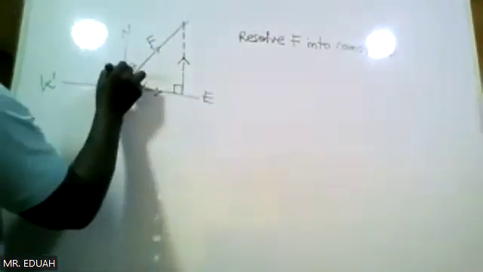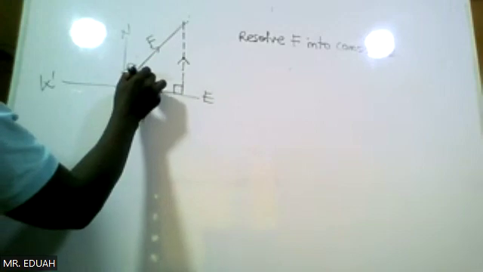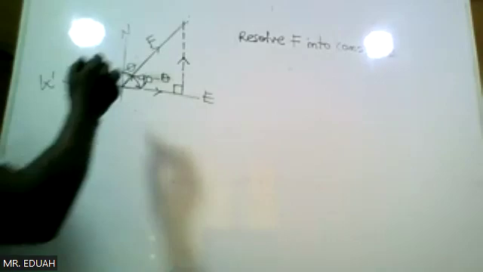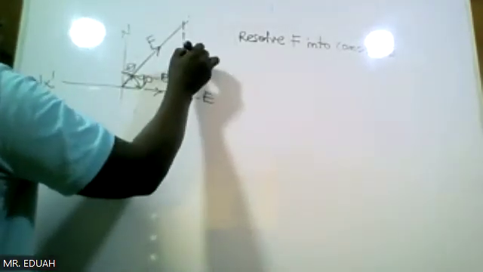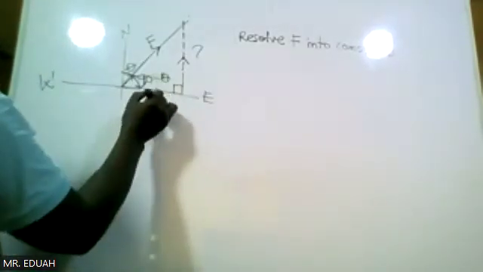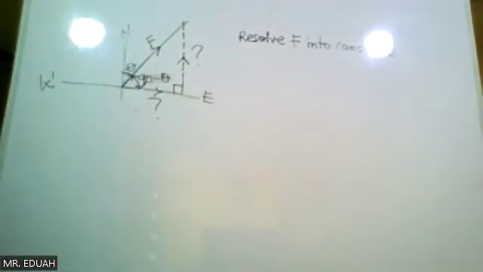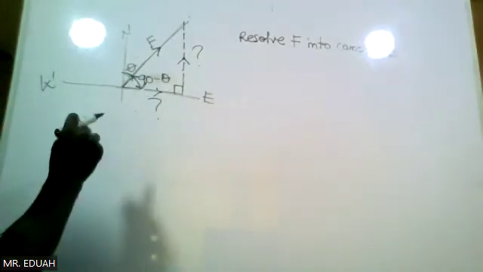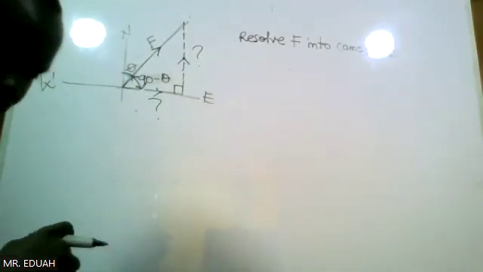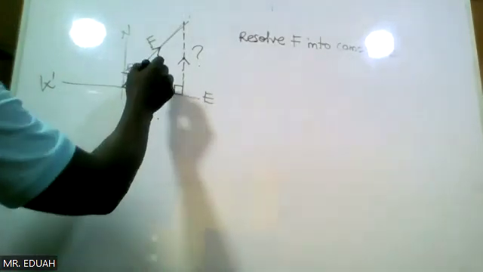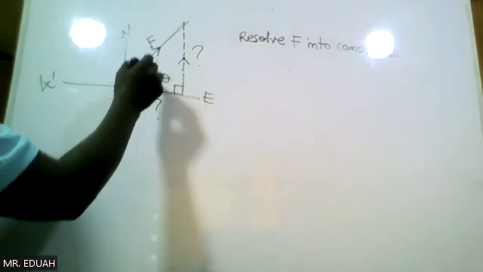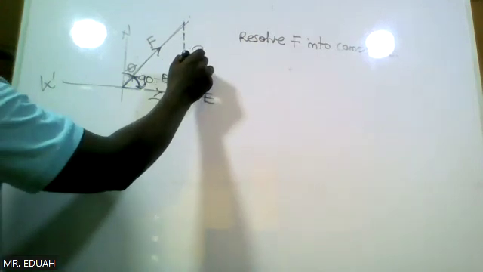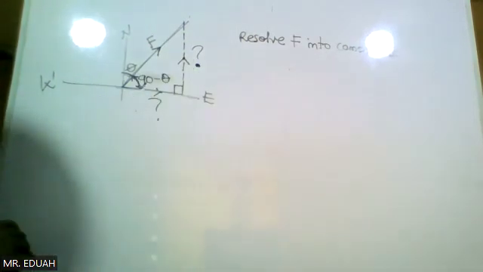This is theta, and this is 90 minus theta. I'm to resolve the force F into components, vertical and horizontal. What I have about the right angle triangle is the force, the hypotenuse, and the angle of inclination. I need to use that to find the vertical and horizontal components.